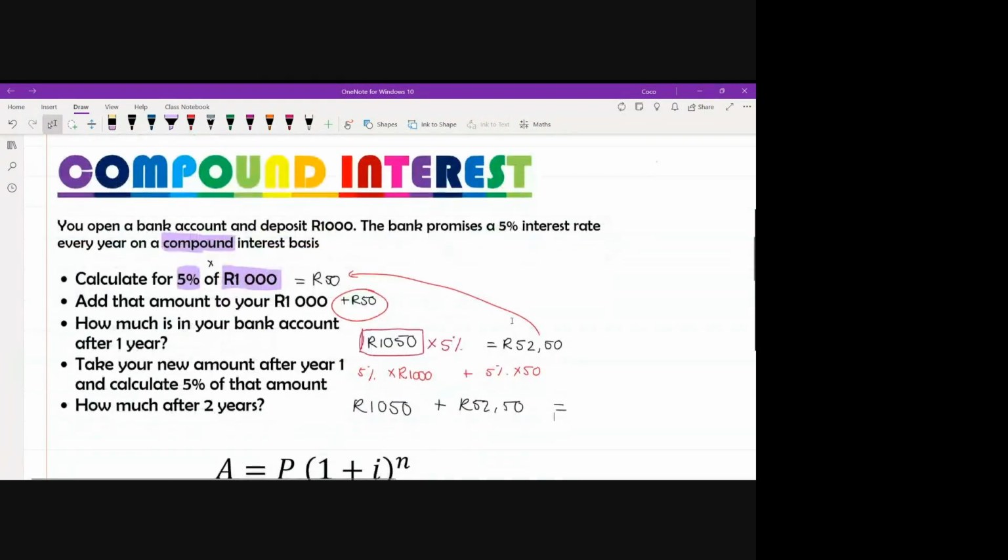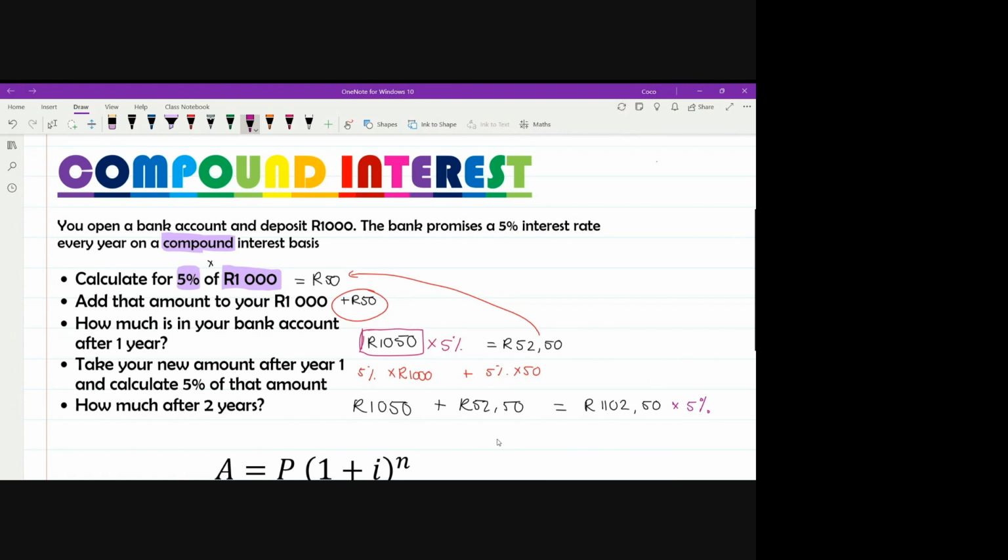1,050 plus 52 Rand. 1102.5. Right, 1102.5. But because it's Rand and cents, this is actually 1,102 and 50 cents. Now, guess what the bank is going to do? It's going to give me 5% on 1,102 and 50 cents.